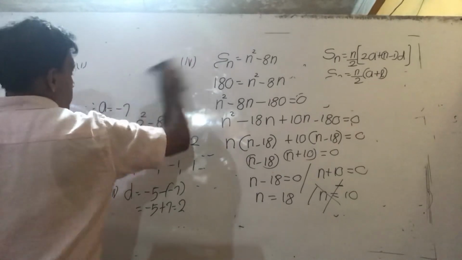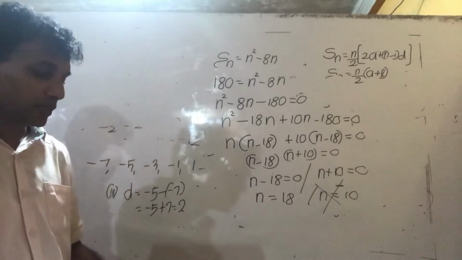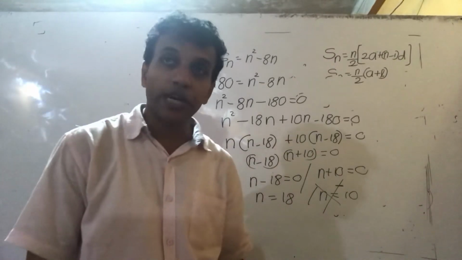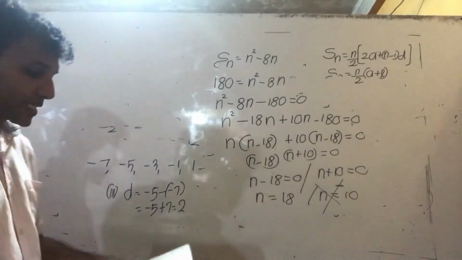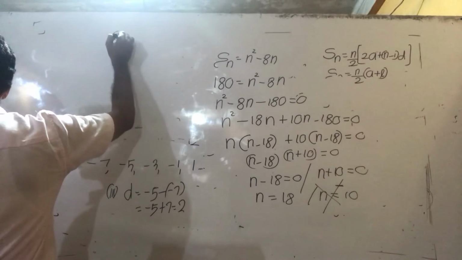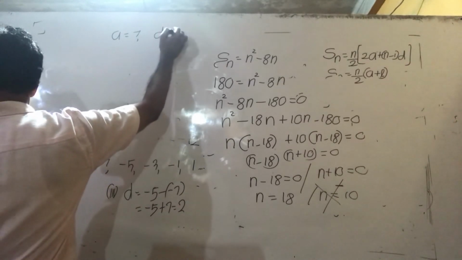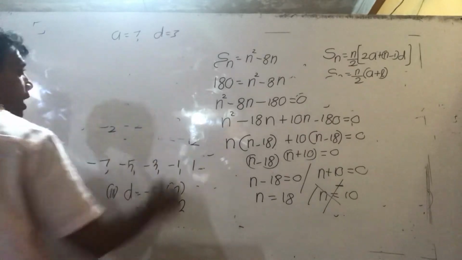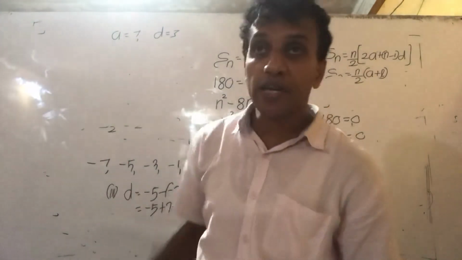Consider the arithmetic progression whose first term is 7 and the common difference is 3, right? That means A is 7, D is 3.